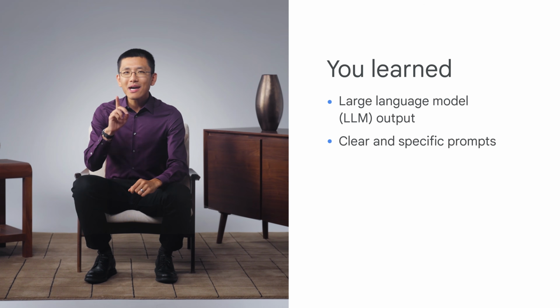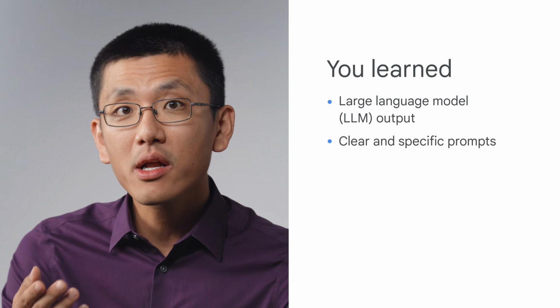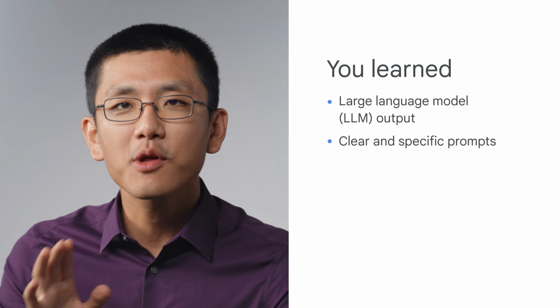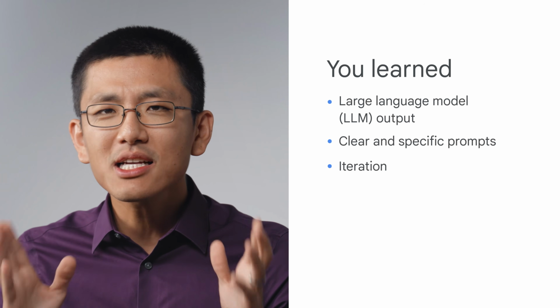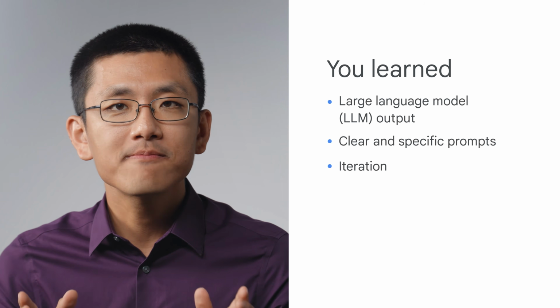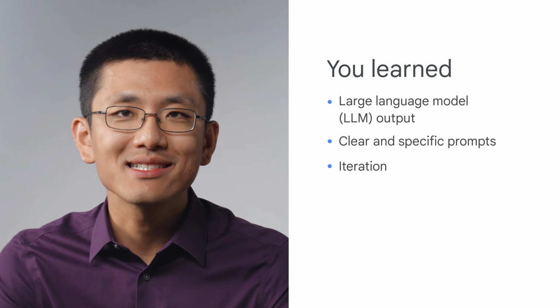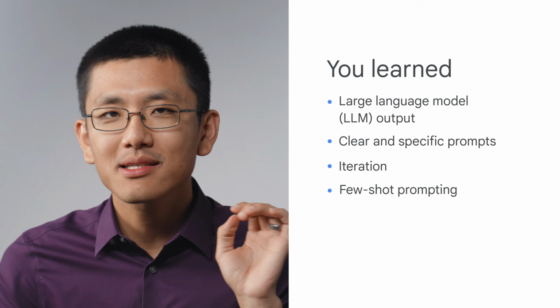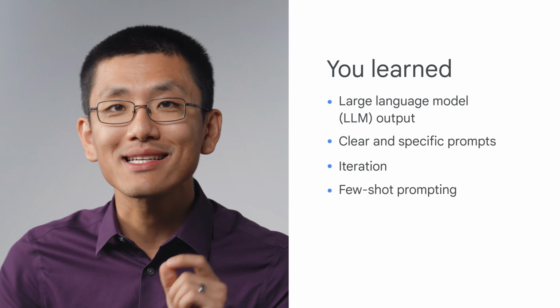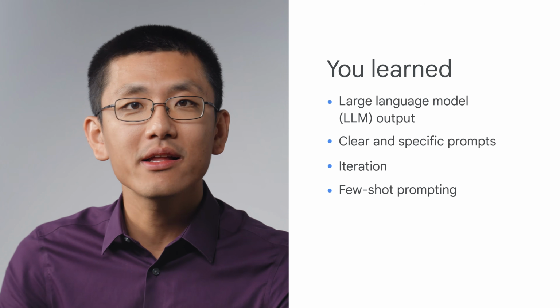You learned just how important it is to specify what you want the LLM to do and to include supporting context to help it provide better output. We then went on to discover how to improve the quality of AI output through iteration. It's essential that you evaluate your output and then revise your prompt as needed. Lastly, we learned about few-shot prompting, which involves providing examples to guide the LLM.